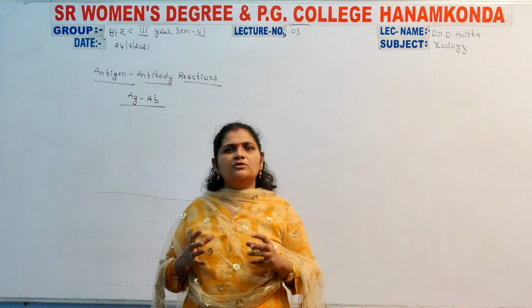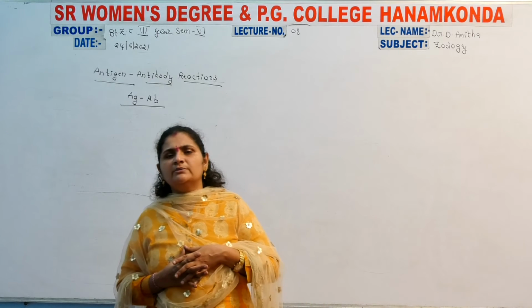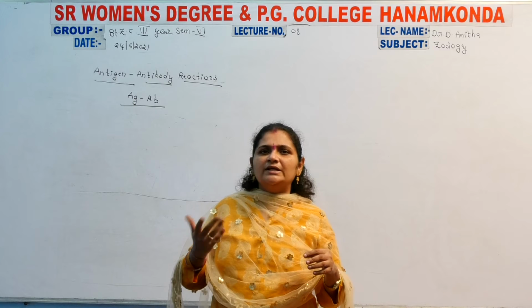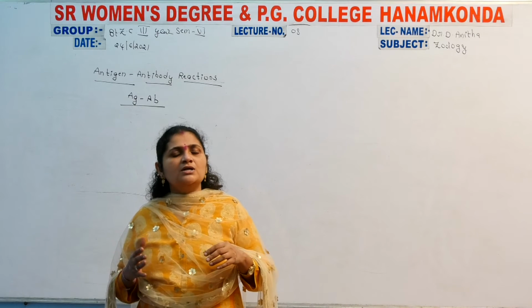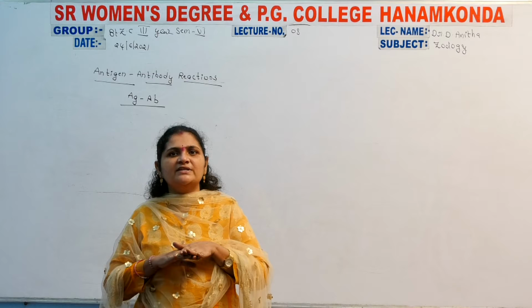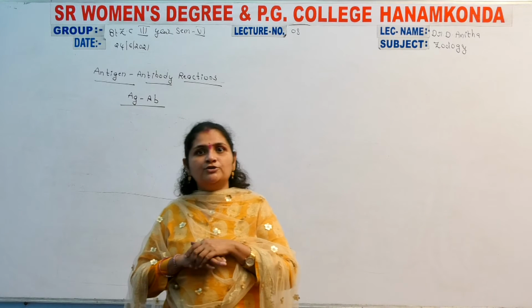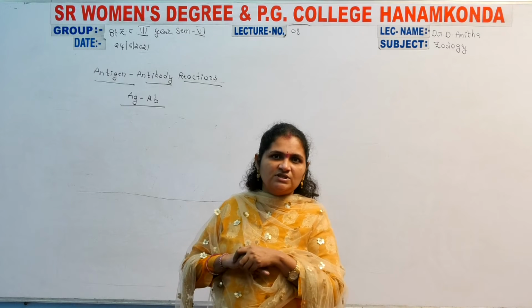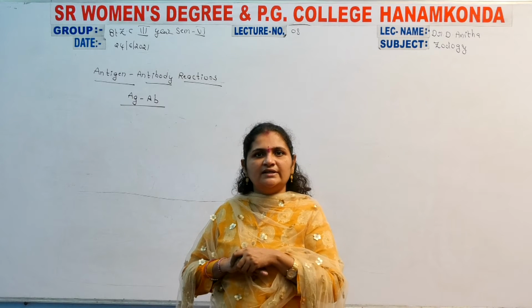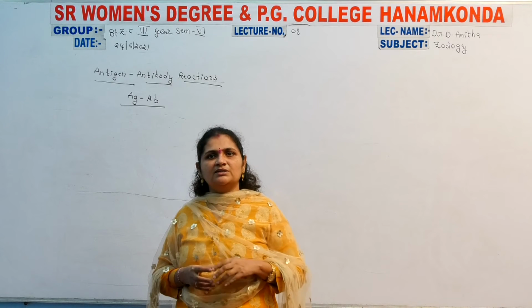Actually, when a harmful substance enters the body, it is immediately necessary to kill or deactivate that antigen. Because if there is no defensive mechanism against the antigen, the person will die. To overcome the problem, each and every person possesses a natural immunity. We already completed this in the previous classes: innate immunity.